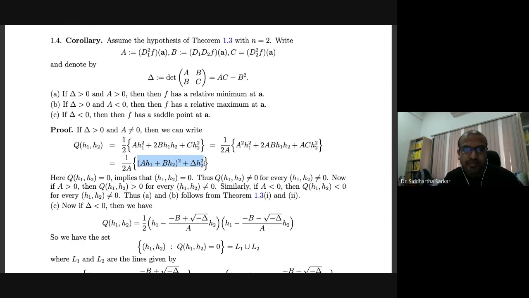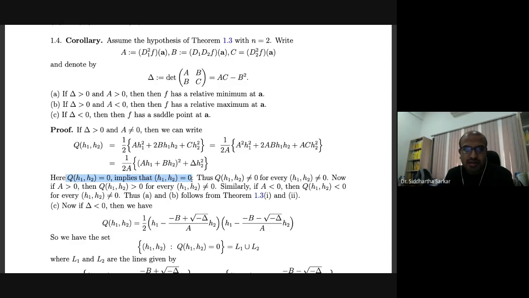My delta is positive, and delta is the coefficient of a square term, and there is another square term over here. So this is possible only if both the square terms are 0. So I'll immediately have h2 equal to 0. If h2 is 0, because this square is 0, then h1 is also 0. So Q(h1, h2) equal to 0 and (h1, h2) equal to 0 are essentially the same thing. So this is kind of good.